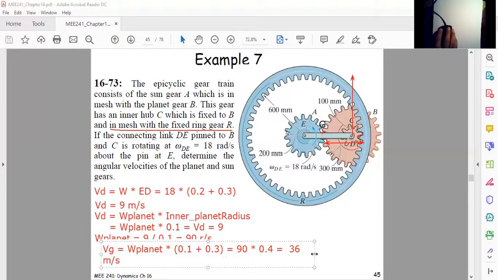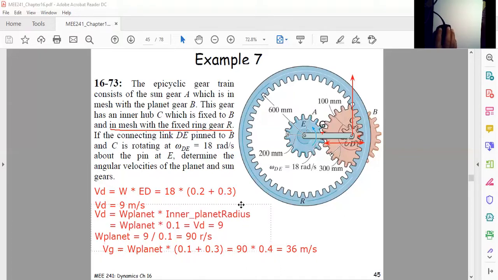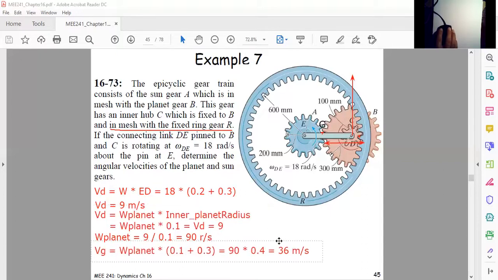Okay, so now we need to find the angular velocity of the sun gear. How can I find the angular velocity of the sun gear? We have the velocity of G and velocity of E, which is a fixed point. Exactly. Yes, very good.